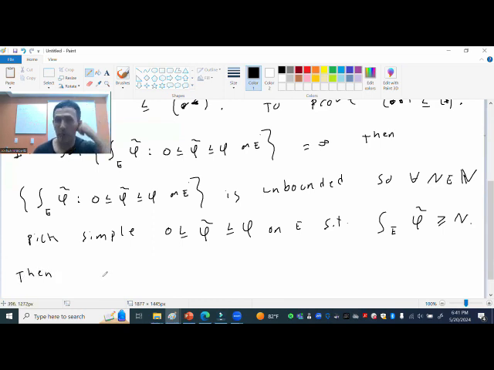Okay, but integration against a simple function is monotone in the sense that it preserves inequalities. So this is true, and that's going to imply this is true, what I'm about to write.